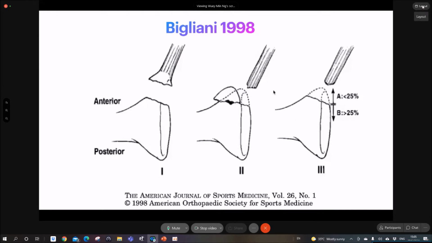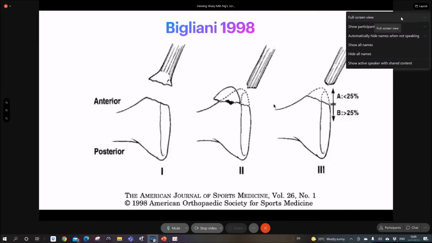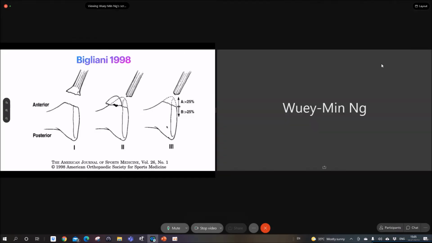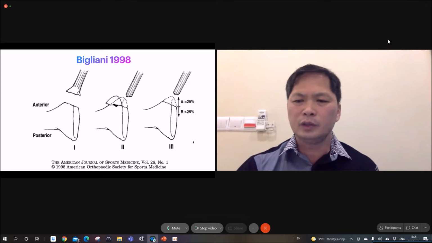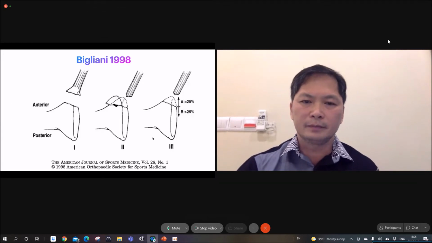Group 1 is the avulsion fracture. Group 2 is the avulsion fracture with rupture of the capsule-labrum complex, where the bony avulsion heals more medially and inferiorly. Group 3 is divided into A and B, depending on the glenoid bone loss, whether it is more than 25% or less than 25%.